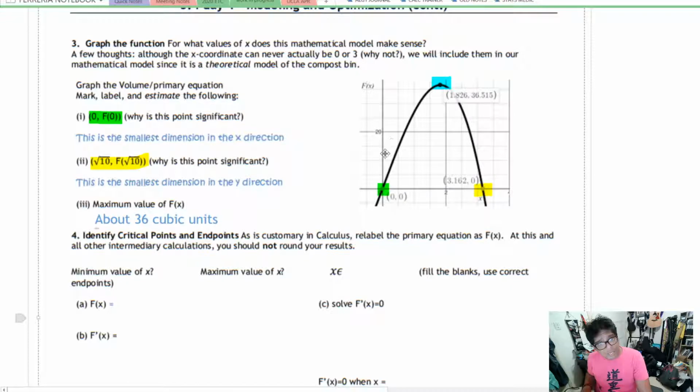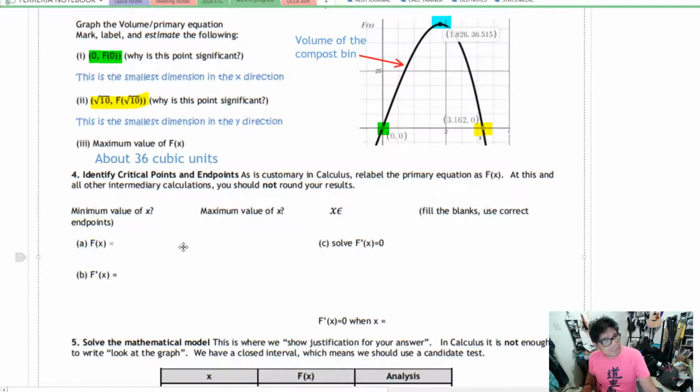So that takes care of number 3, analyzing this graph of f. And in this case, f is the volume of the compost bin. So we're going to get into the more calculus-y stuff now. Identify the critical points and endpoints. As customary in calculus, we just decided to relabel the function from volume to f of x.